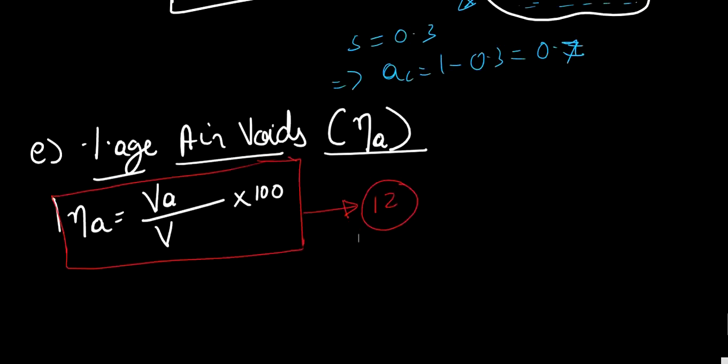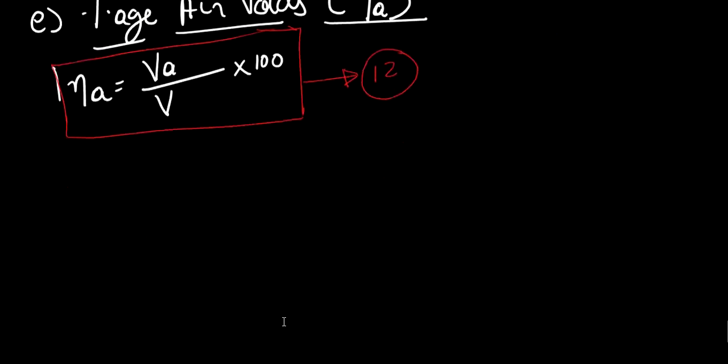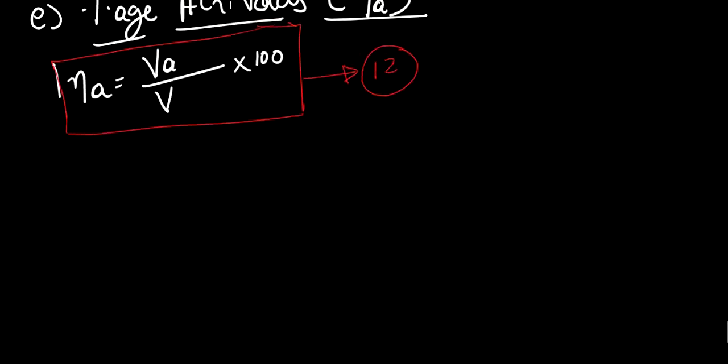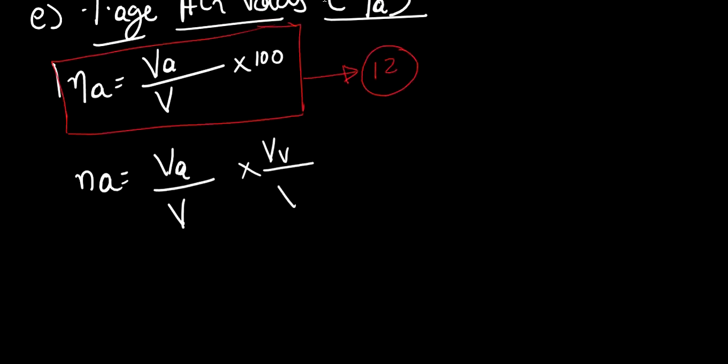Now from this also I can derive further relations. What I do is multiply and divide by VV on the RHS. So this thing is nothing but volume of void upon total volume of soil sample, that is porosity n, or porosity eta.